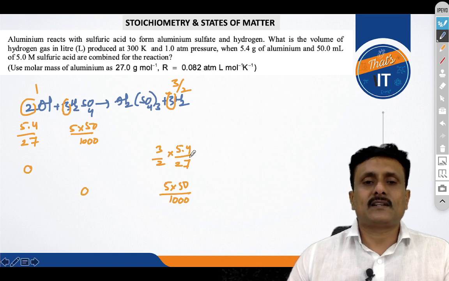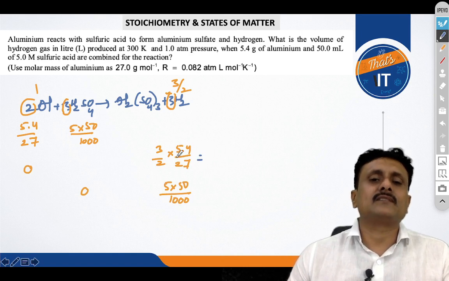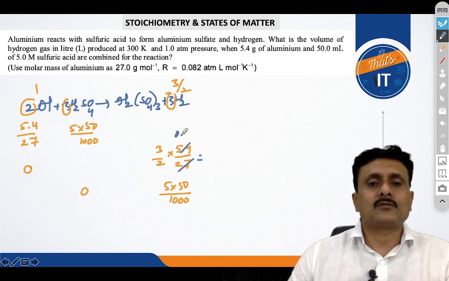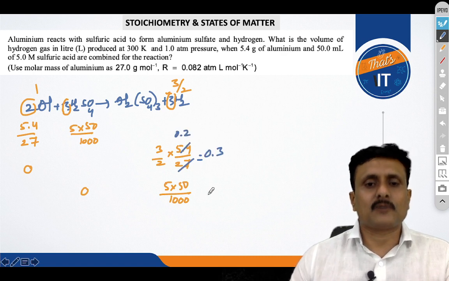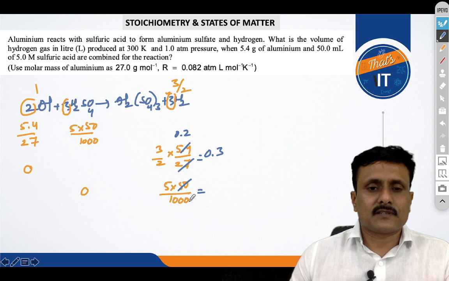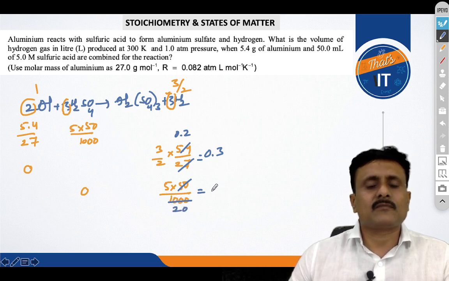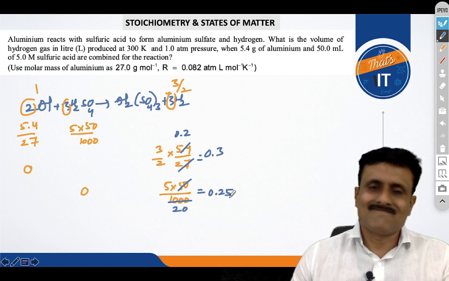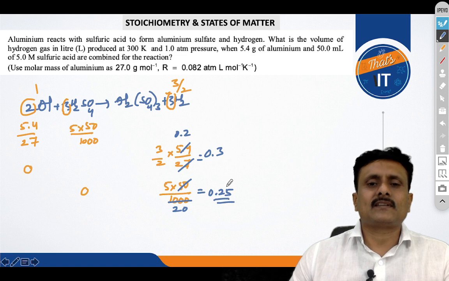Out of these two values, you have to check which one is less, right? You can see that 5.4 by 27 is 0.2. This is turning out to be 0.3, and this is 50. Goes how many times? 20, right? 1 by 4. Am I right? So this value is less, and these are the number of moles of H2, right? So this is the right answer.